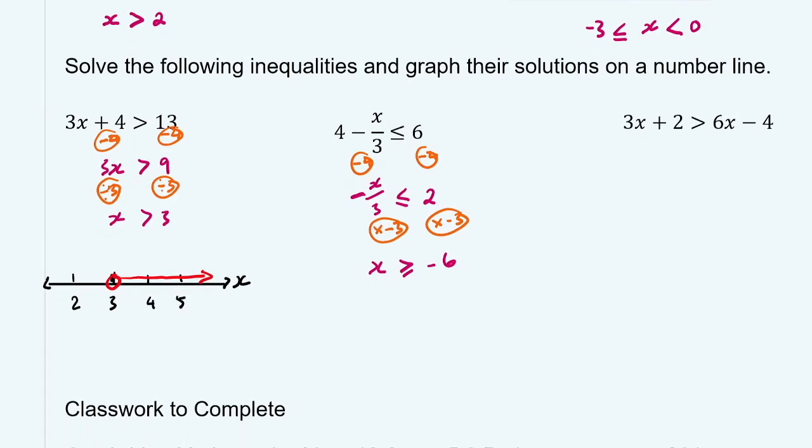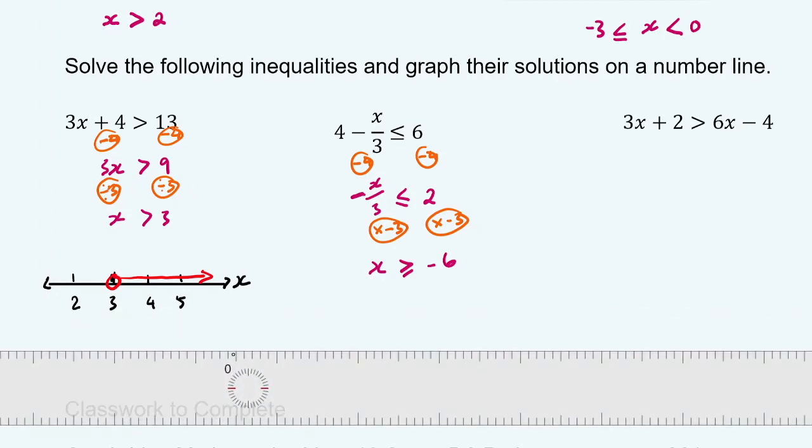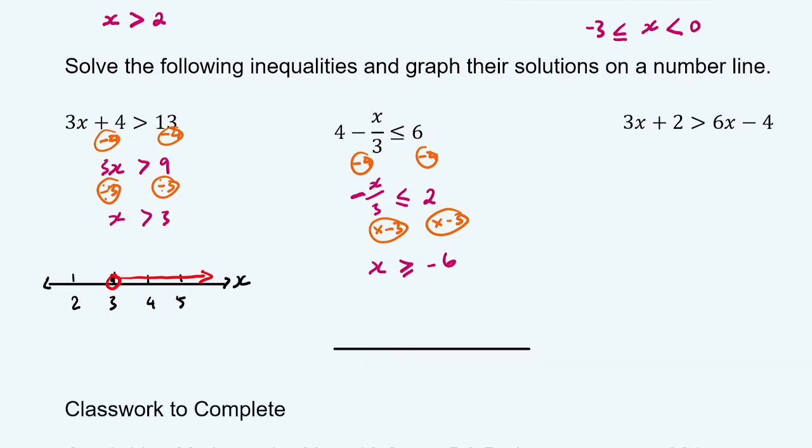Now we draw this one up on a number line. Same concept, just drawing your line, arrows either end, put in the x. This time we want to have at least a -6 in there, so I'm going to pop in a -6.